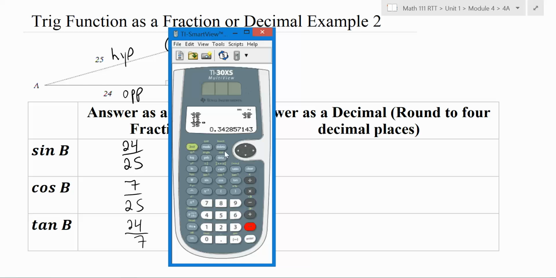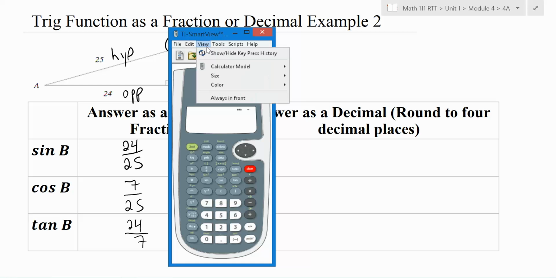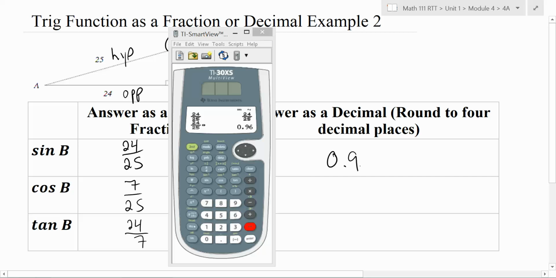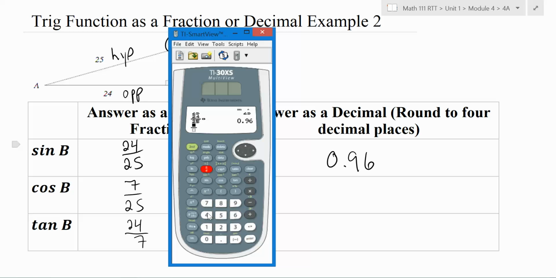And so now we can bring our calculator back up. And we can do the same thing as we did on the other example, that we can do the fraction 24/25 and see that that's not going to simplify. Turn that into a decimal as 0.96. Do the same thing with 7/25.